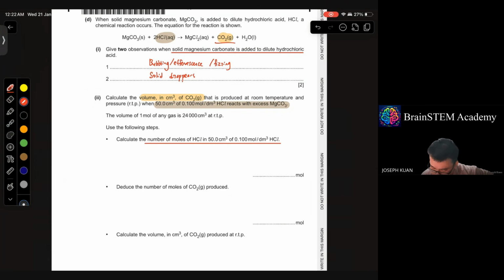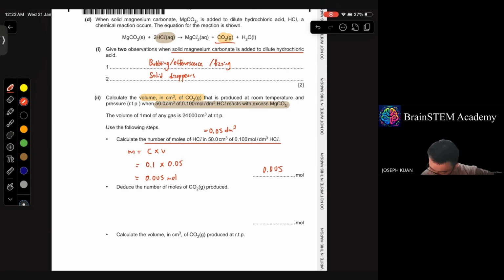So the equation is moles of a solution equals concentration times volume. They give us 0.1 mole per cubic decimeter, but we have to be very careful. We have to convert the volume to cubic decimeters first, by dividing by 1000 before we do the calculation, or else we cannot cancel the units. So we get 0.005.